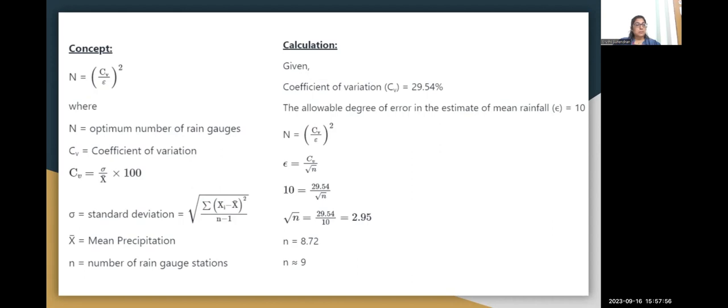What is the optimum number of rain gauge stations required if the error is supposed to be this? Then we'll have to use this formula to find the standard deviation, divide it by the mean and take the percentage, which gives us the coefficient of variation. Then substitute in this formula and find the optimum number of stations.